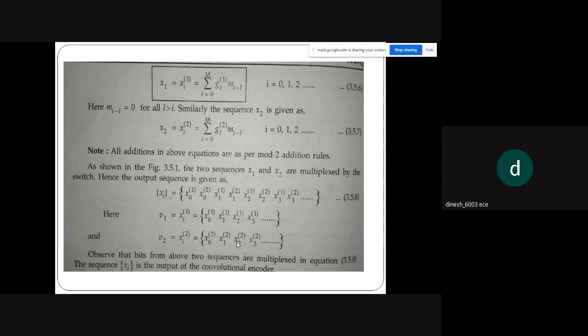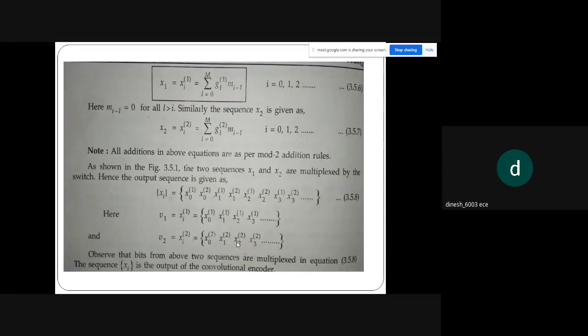And we can find V1 as xi of 1, which is x naught of 1, x1 of 1, x2 of 1, x3 of 1, the sequence due to x1 output.